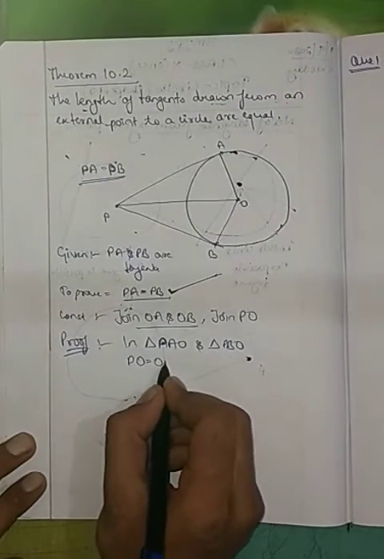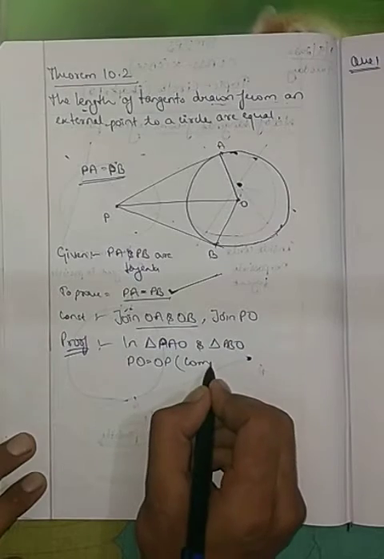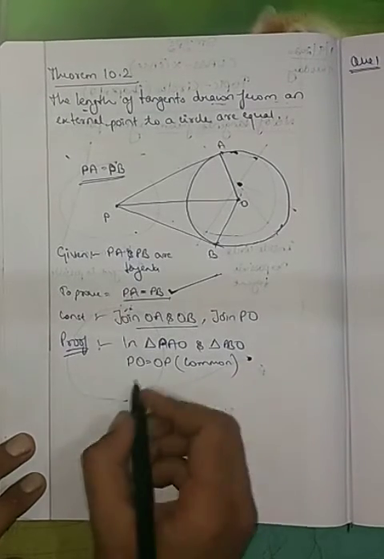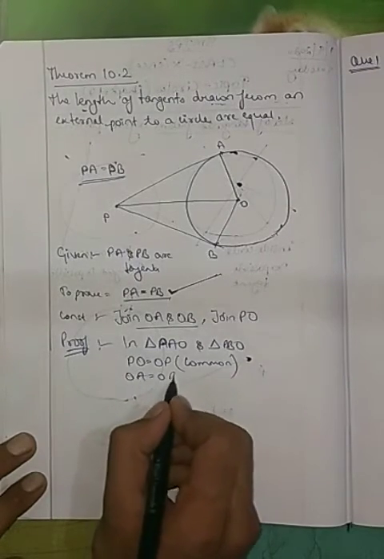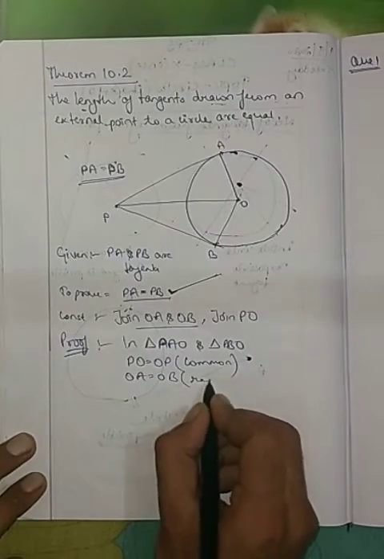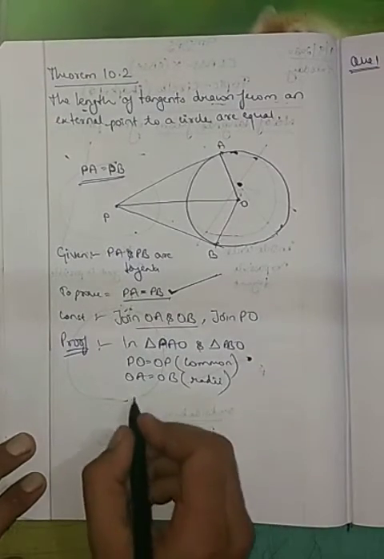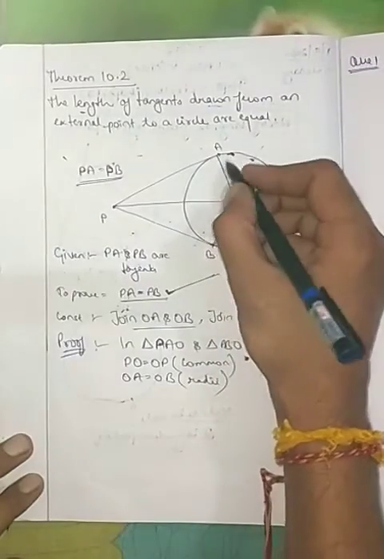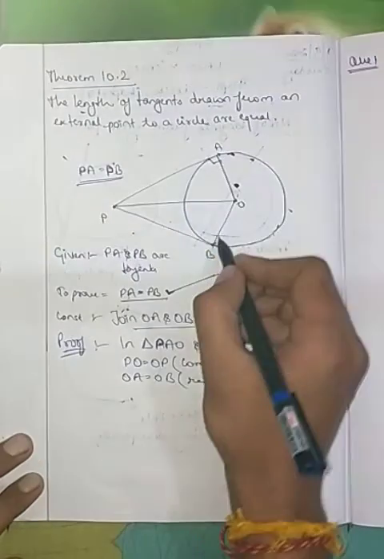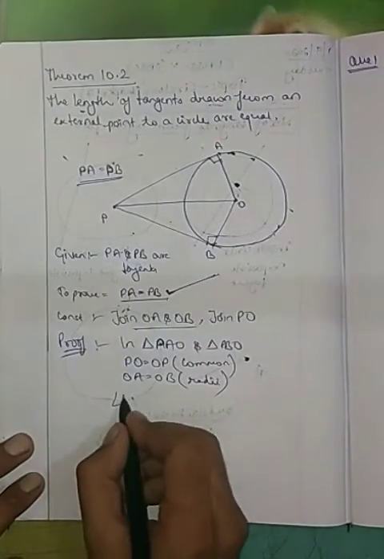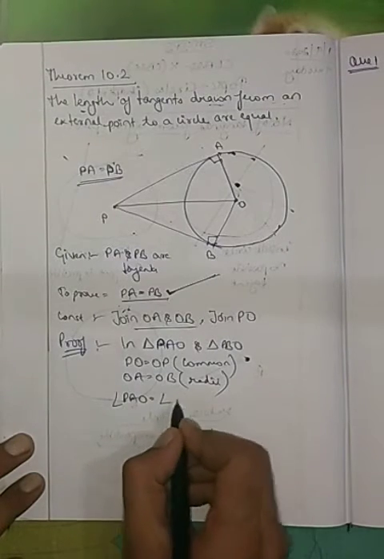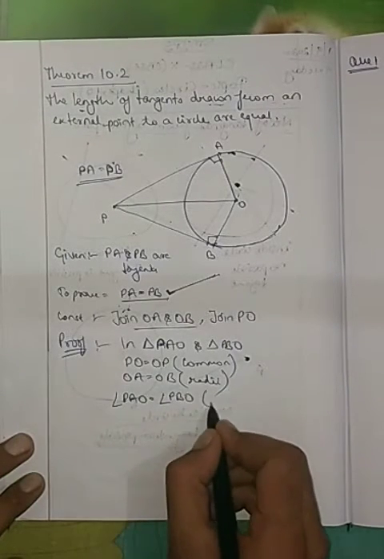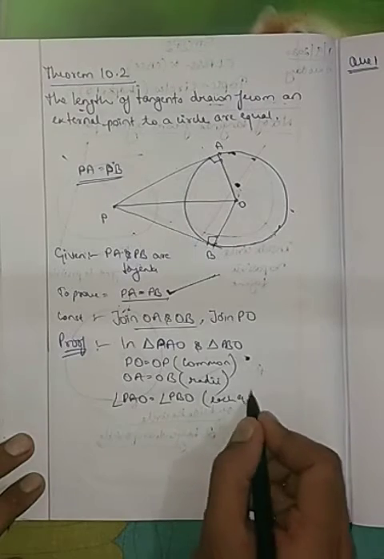PO is equal to PO, common. Next, OA is equal to OB. Why are they equal? Radii. And the third thing, what is the angle made between the tangent and the radius? These two angles are 90. So angle PAO is equal to angle PBO, each 90 degrees.